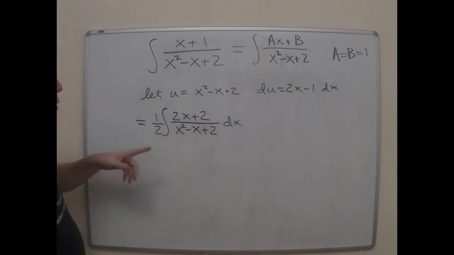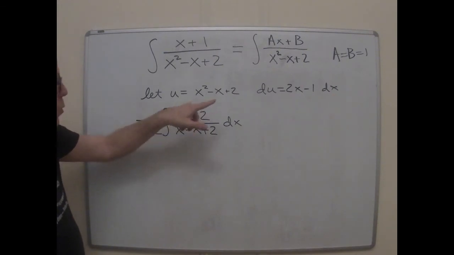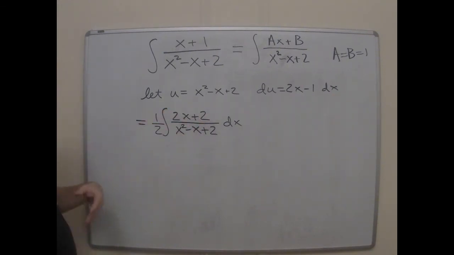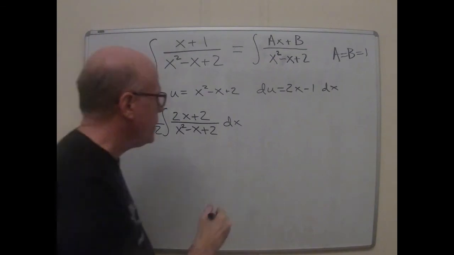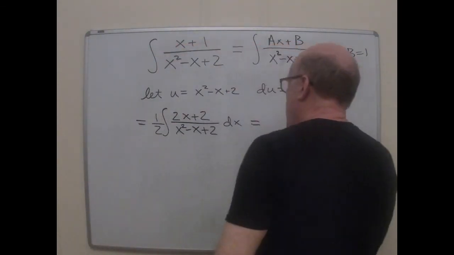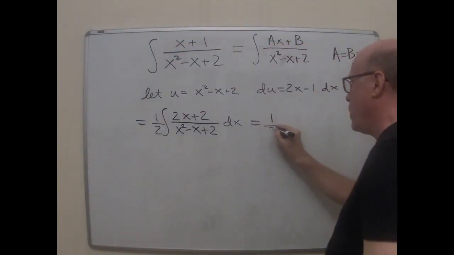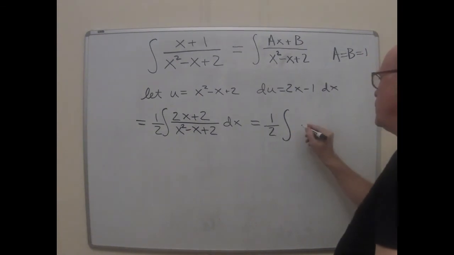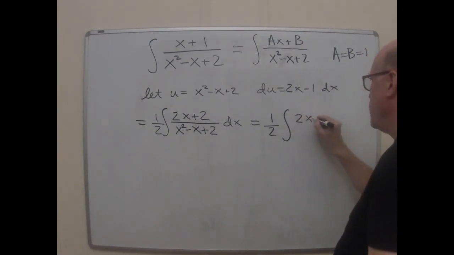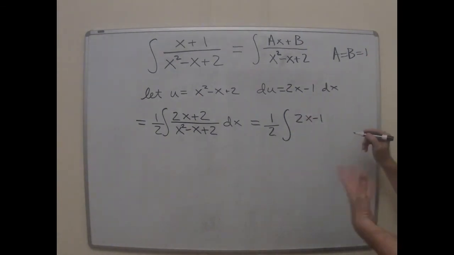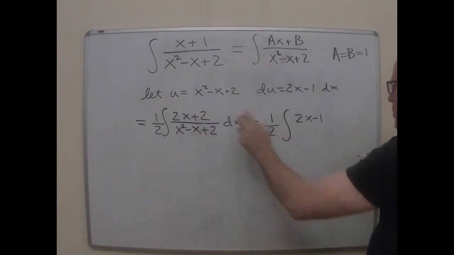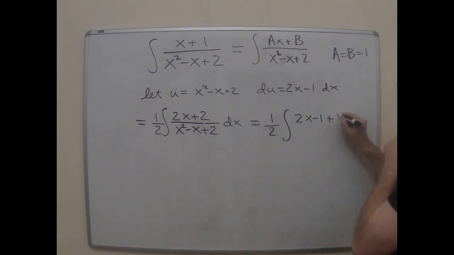Good, but not quite good enough. I want to see 2x minus 1. What I've got is 2x plus 2. Just, again, kind of make it happen. Take the 1/2 and the integral, put 2x minus 1 here. Okay, but that would be wrong because we had 2x plus 2. We'll just add on a 3 and now it's good.